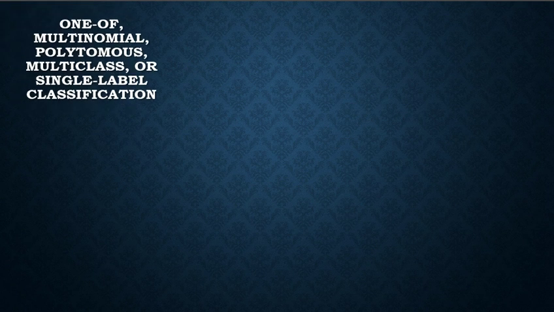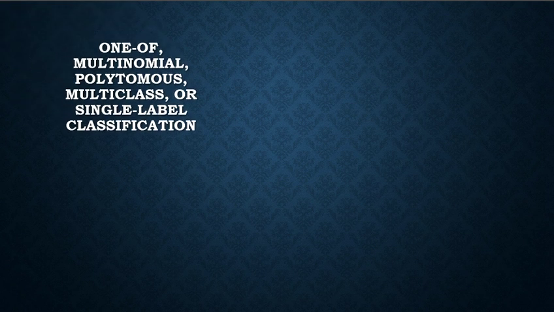The second type of classification with more than 2 classes is one-of classification. Here, the classes are mutually exclusive. Each document must belong to exactly one of the classes.